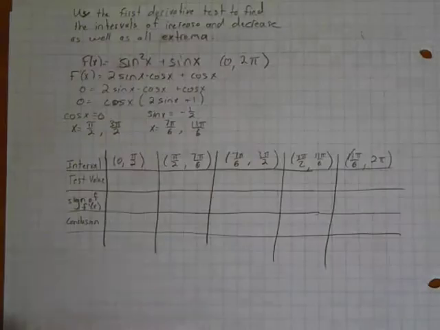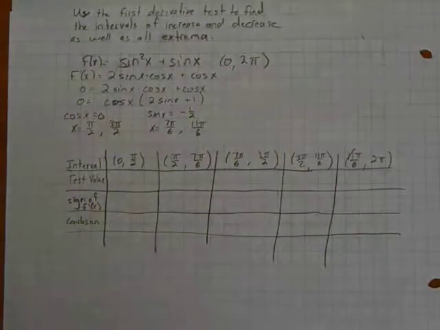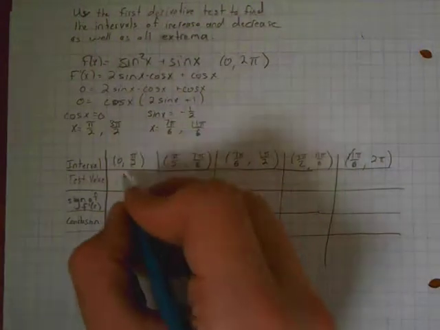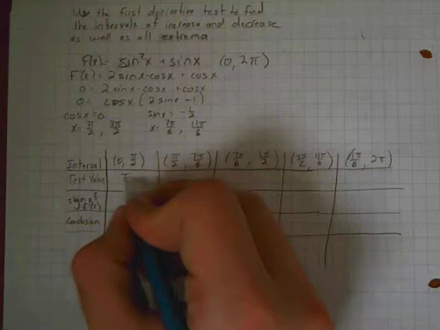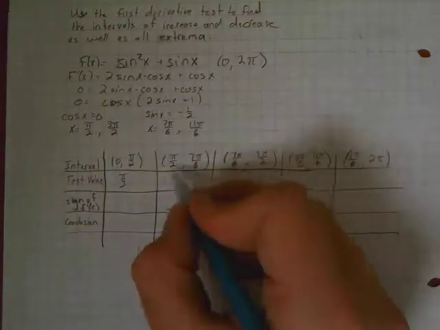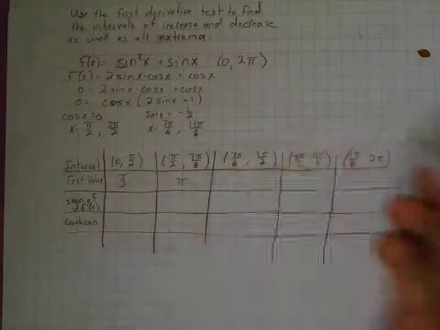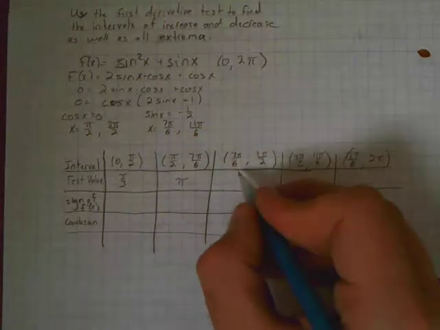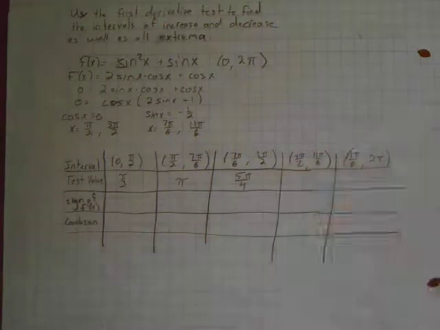Okay, so a test value. Pi over 2, you can figure out what that is, but I know that a test value in between 0 and pi over 2 would be pi over 3. So I could test pi over 3. Something between pi over 2 and 7 pi over 6 would be pi. Something between 7 pi over 6 and 3 pi over 2 would be 5 pi over 4.